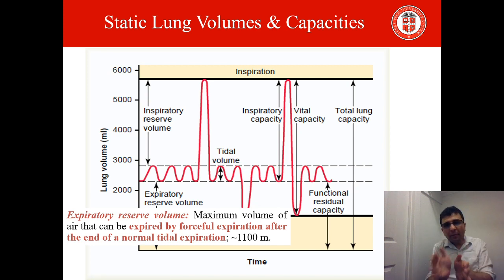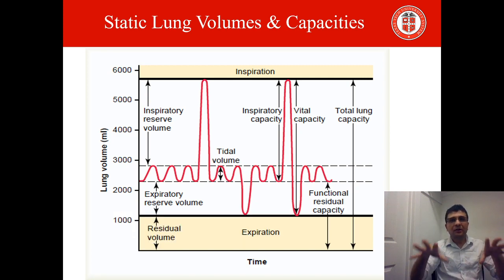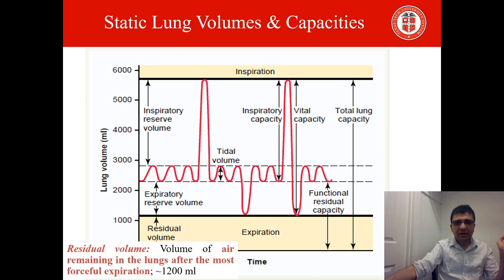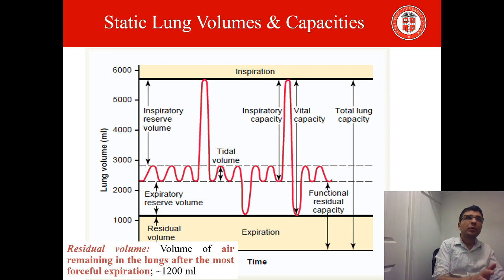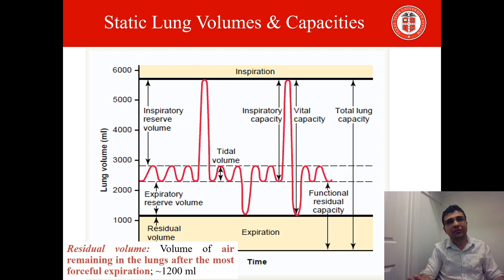Now, if we talk about capacities, it means that we are combining volumes. So for the first capacity, we just have to talk about the residual volume. So the residual volume is the volume which is left once you exhale as much as you can.